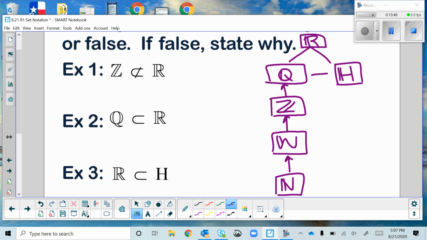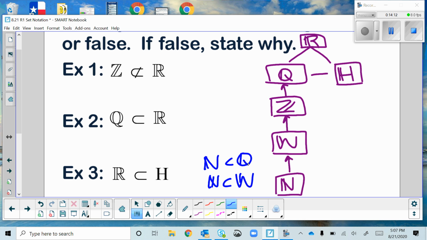Now, when I'm trying to determine subsets of something and write it in symbols, the subset goes on the left and the larger set goes on the right. So I could say, for example, that the natural numbers are a subset of the whole numbers. And I could say also that the natural numbers are a subset of the rational numbers, because every single natural number is also rational.